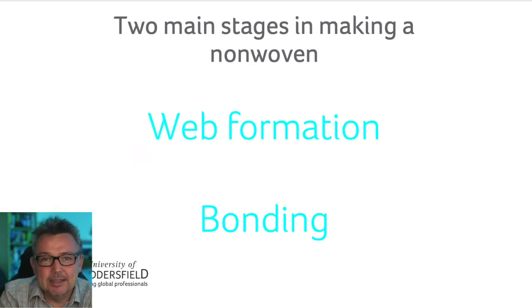But one consistent is there are two main steps to making nonwoven fabrics, which are web formation, which is forming a web of fibres or filaments, and web bonding, which is bonding the fibres or filaments together.